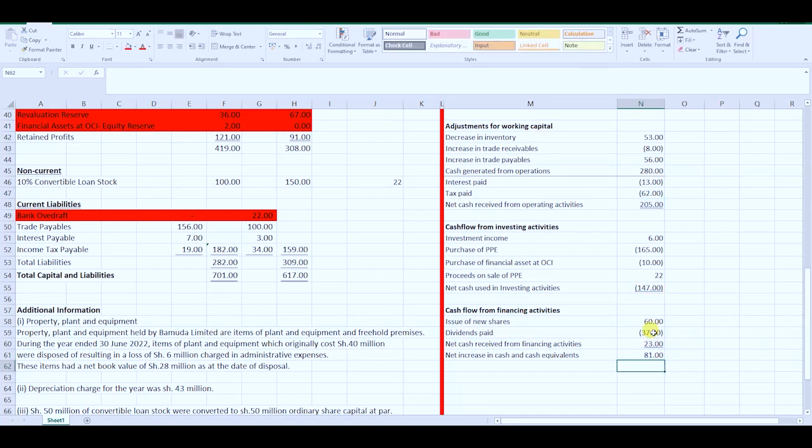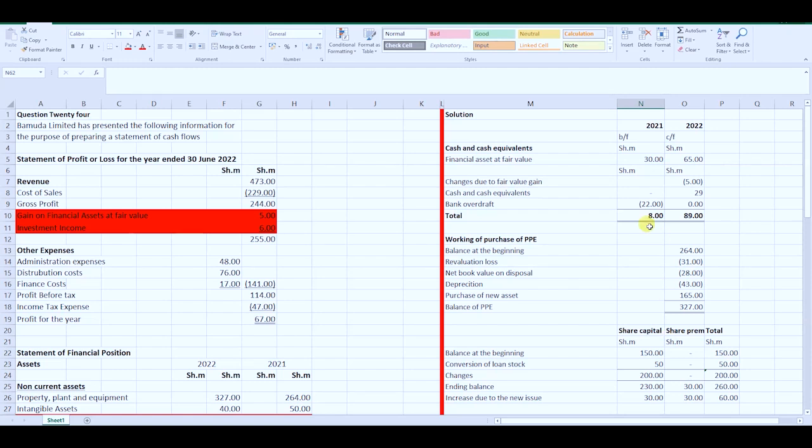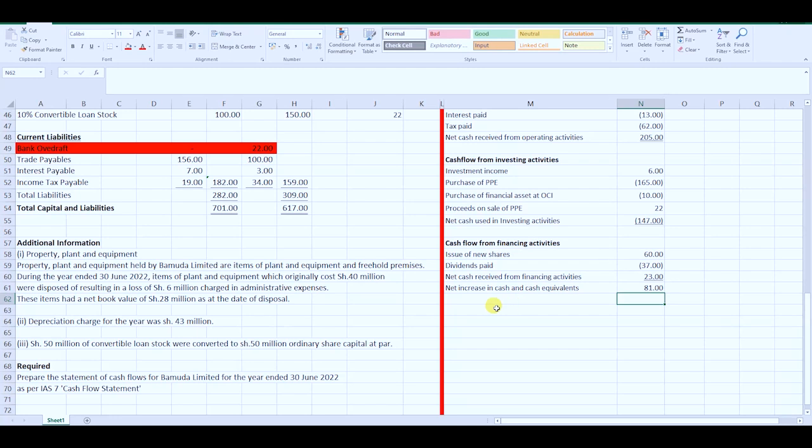Enter. We can see we have 81. But we need to factor in the cash and cash equivalents at the beginning. And that is now where this cash and cash equivalents summary comes into use.